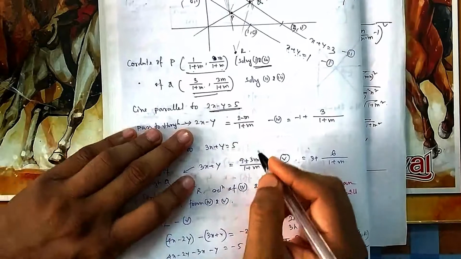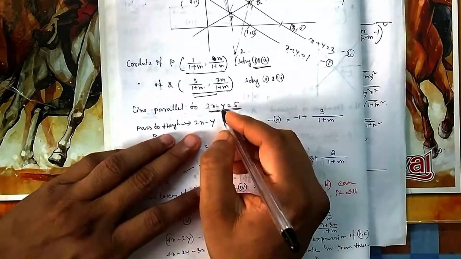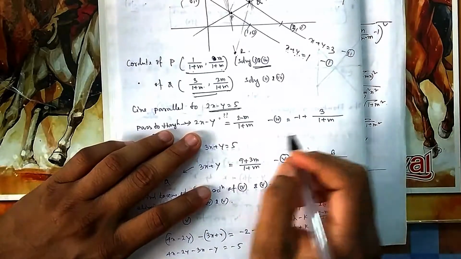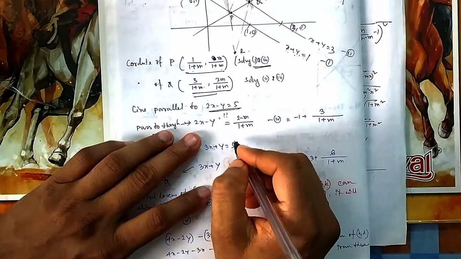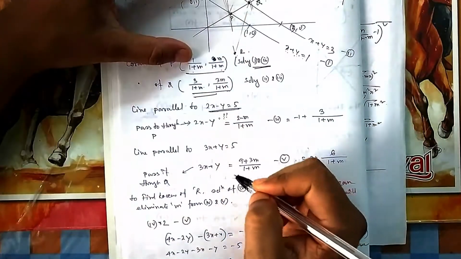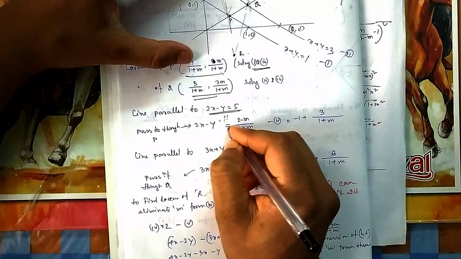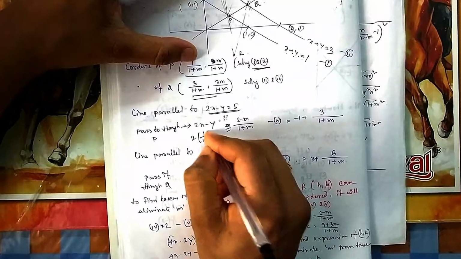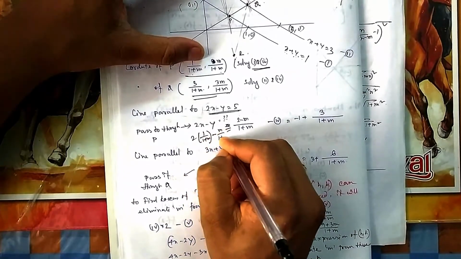If you solve 2 and 3, you can find this point Q. Now a line parallel to this line, what will it be? The coefficients remain the same, and it has to pass through the point P, whose coordinates you know, so you put them there. Instead of x I am putting 1 by 1 plus m and for y, m by 1 plus m.